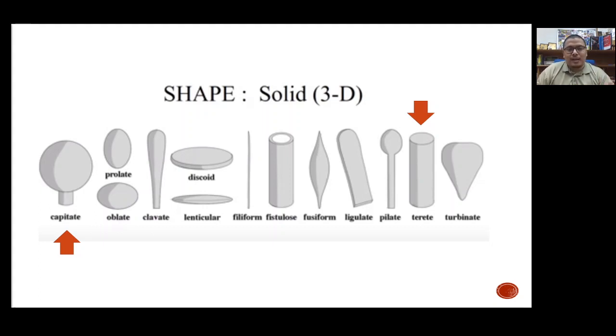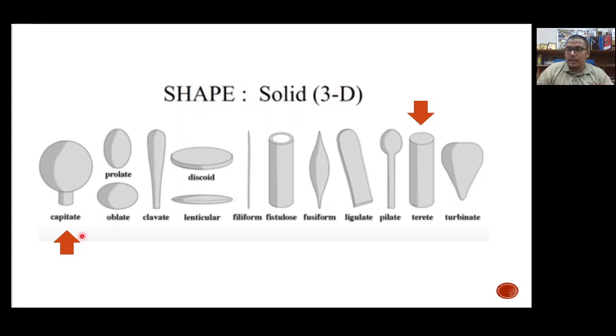I just want to give you some idea about it. Most of these terms you will look up if you encounter them in keys or in descriptions of plants. They tend to be rather technical, and a few of them are more likely to occur.